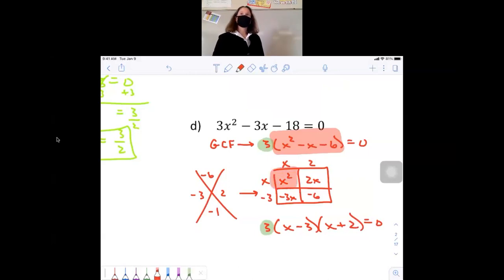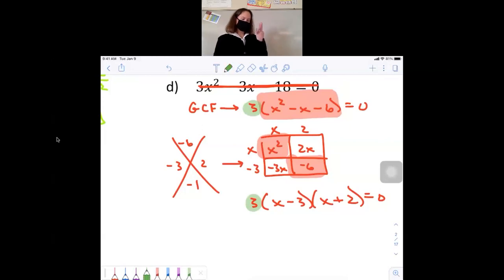So into the box then, again, I am going back to the one that's in parentheses there, x squared, not 3x squared, -6, not -18. As soon as you pull out that greatest common factor, it's as if that's gone. I don't use that anymore.